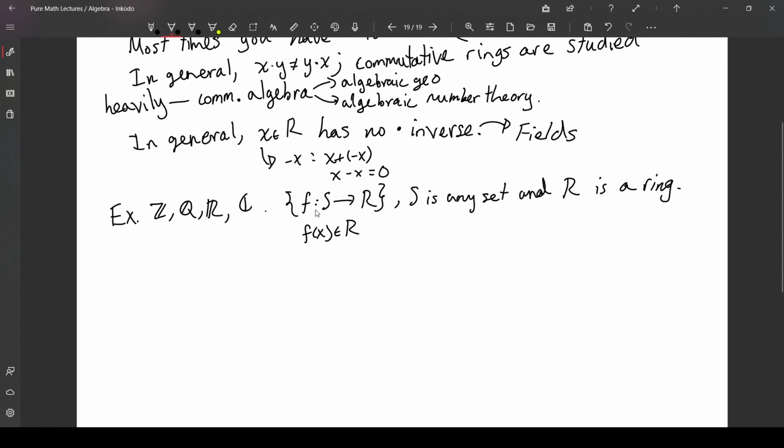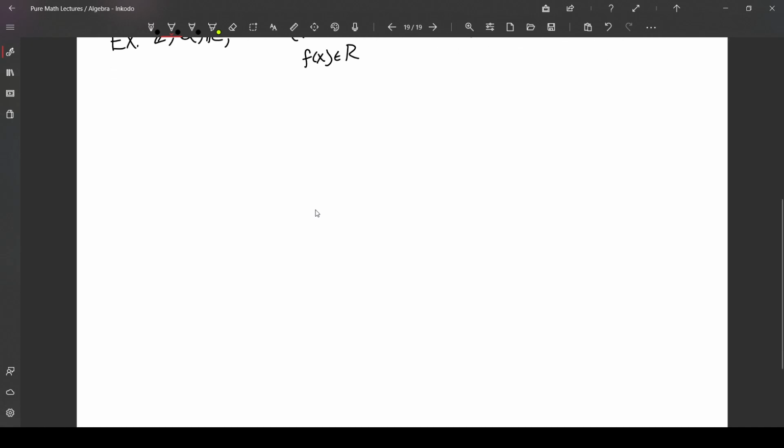Okay, now let's get into some basic properties that we can prove just from the axioms that we've stated. The first one is that 0 times x equals 0. Let's look at 0x plus x. This is the same thing as 0x plus 1x. Then we can factor out the x using the right distributive law.